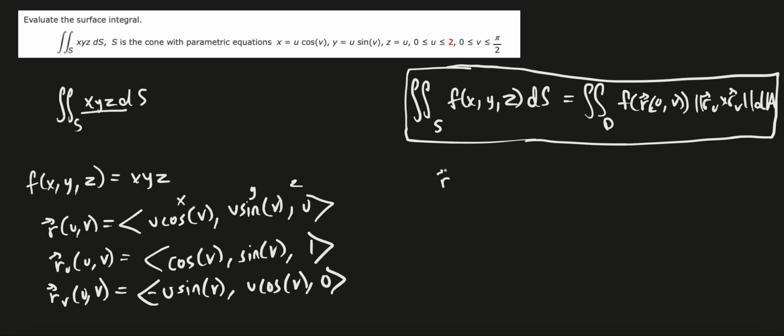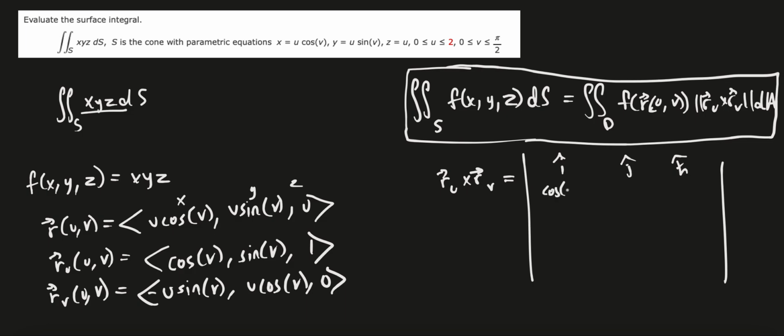Let's take their cross product. i, j, k, and then cosine v, sine v, 1, negative u sine v, u cosine v, 0. It doesn't matter the order, of course, as I mentioned in the previous video, since it's the magnitude.